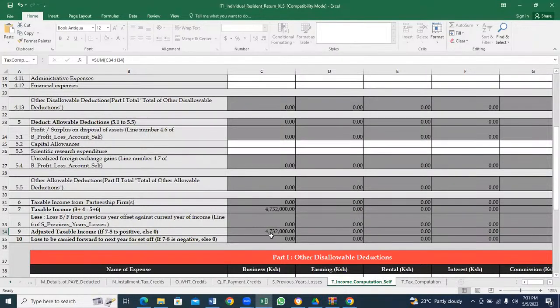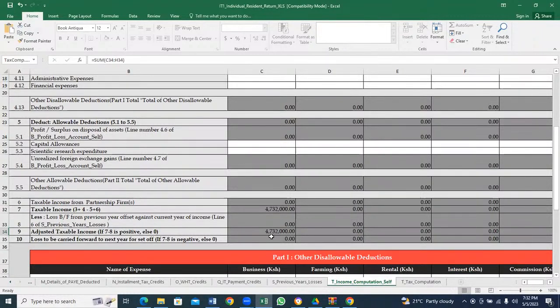So 30% of 4.7 inakupea pesa ngapi? How much does it give you? Remember, with regard to employment income, huyu mtu hakuwa na any tax payable.